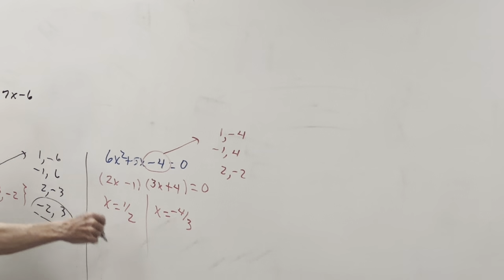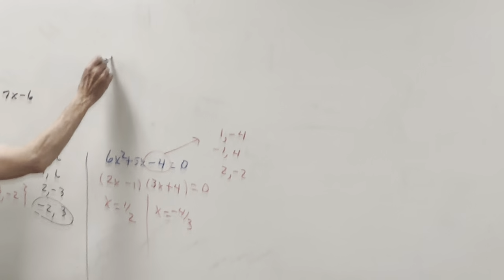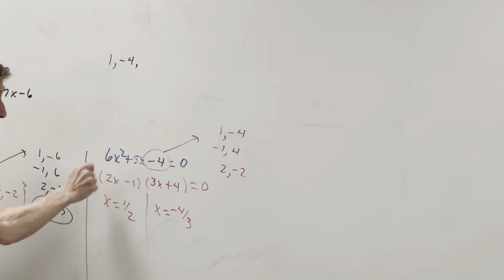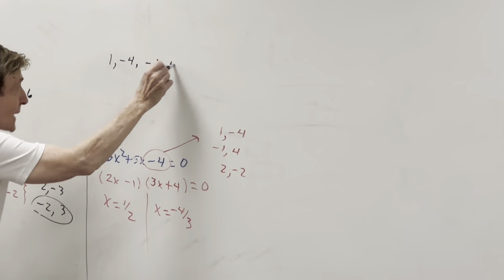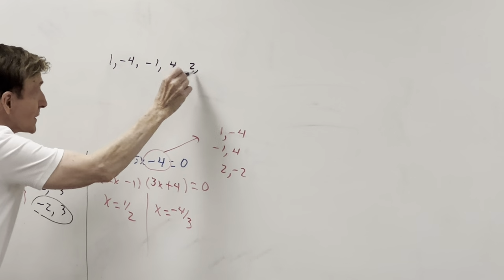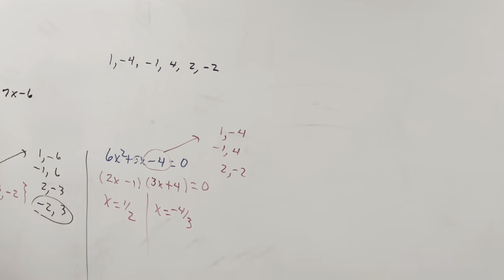Why not take your possibilities here, 1, -4, I'll list them like this, -1, +4, 2, -2. Those are the factors that he was accustomed to for that constant. But let's modify it now. Let's use what you're doing, but it didn't work out here because of that 6.